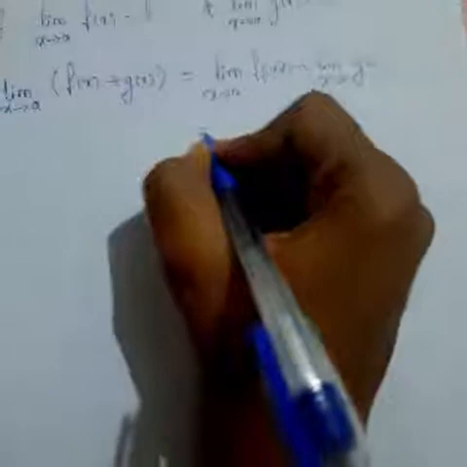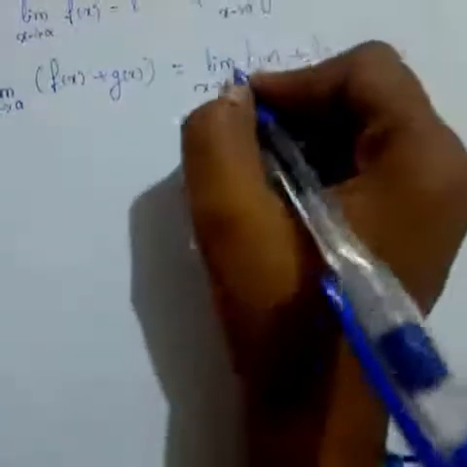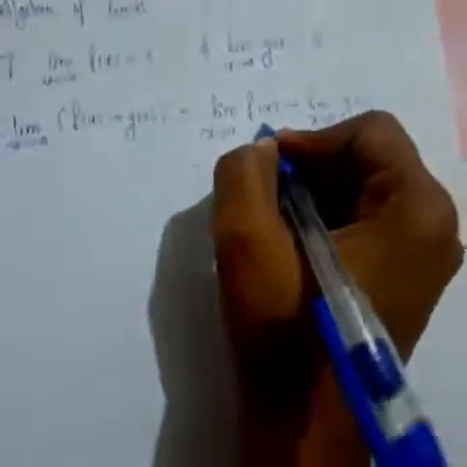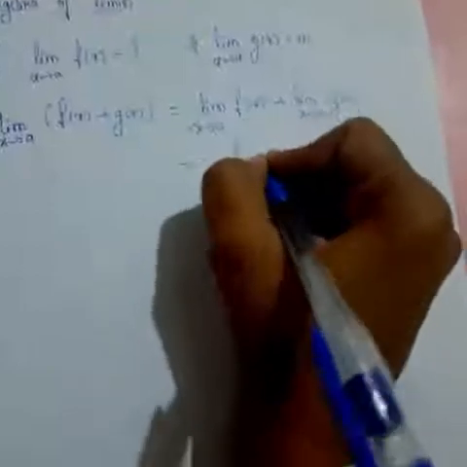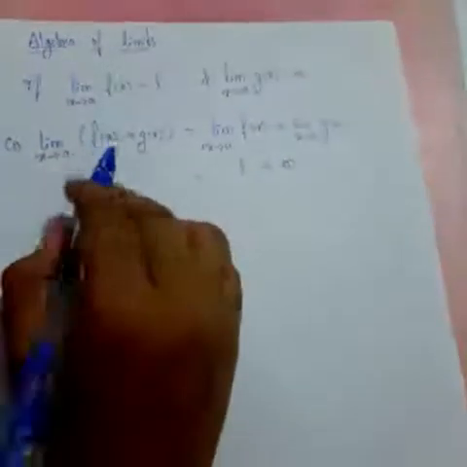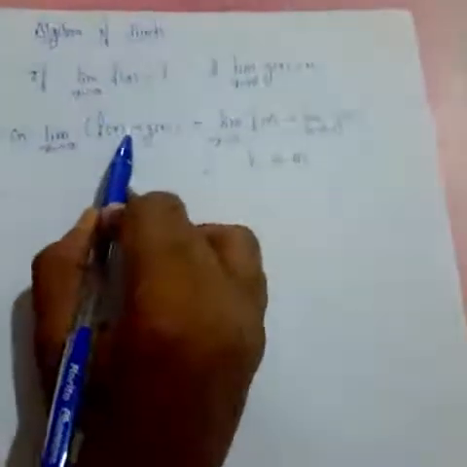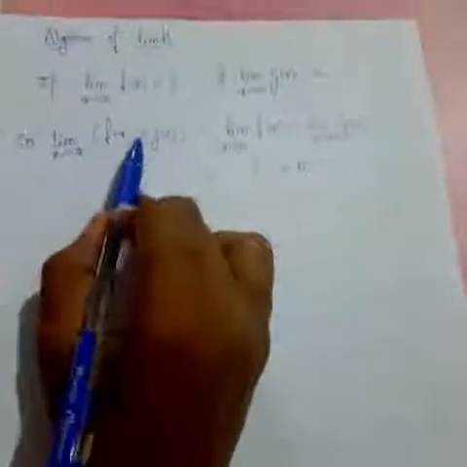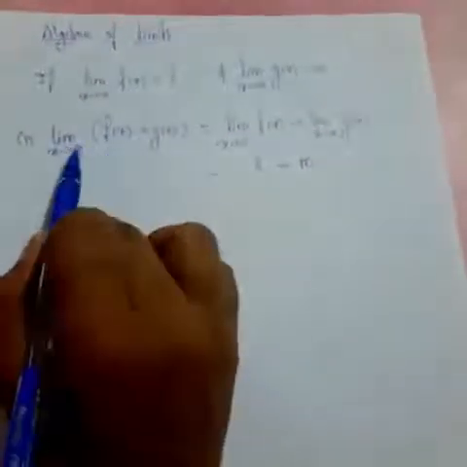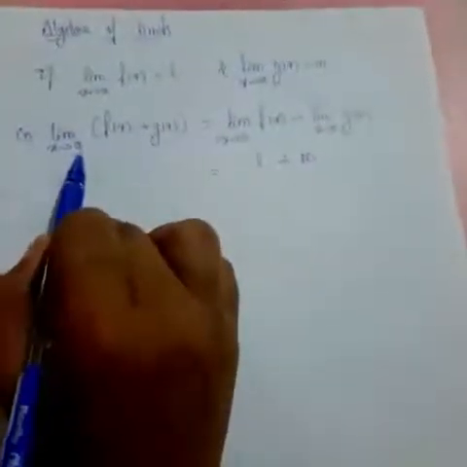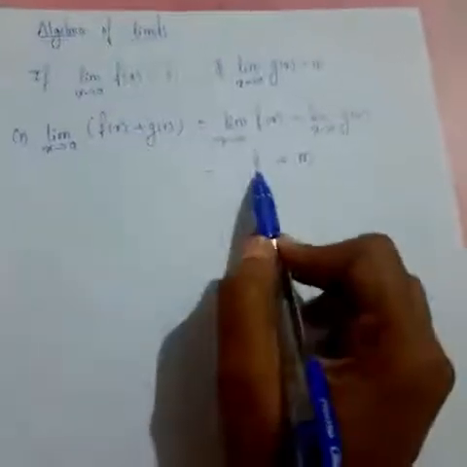The limit of f of x is L, and the limit of g of x is m. So you will get L plus m. This is the addition of limits.